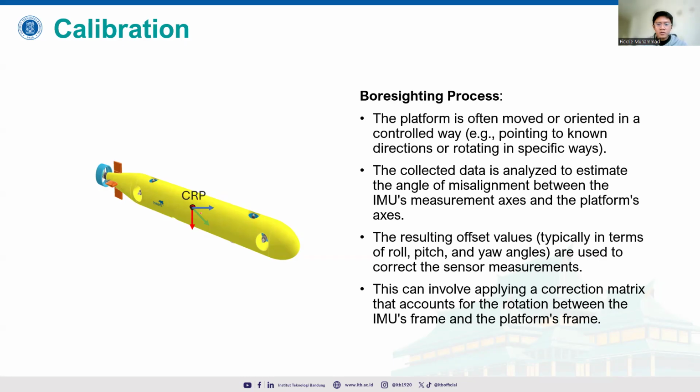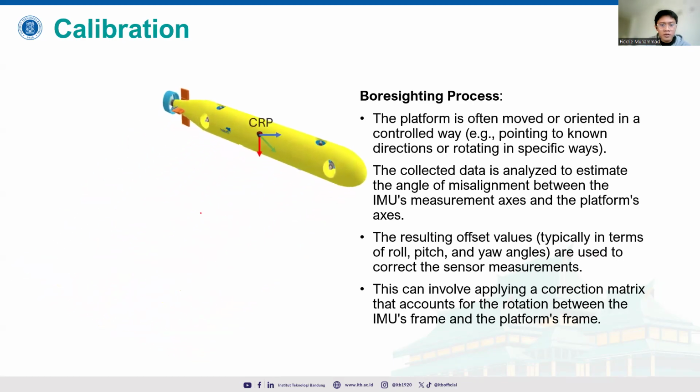We can then check whether the IMU really has the correct installation in reference to the body frame. It's basically calculating the relationship between the body frame and the IMU frame. So the body frame is defined as 0, 0, 0, and then the IMU frame can be measured if we move the vehicle towards 3 axes.